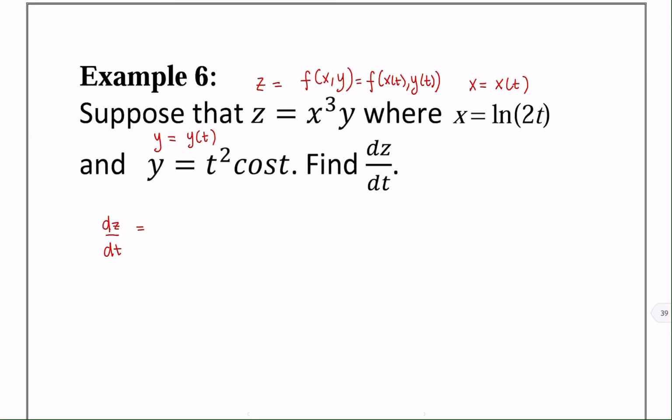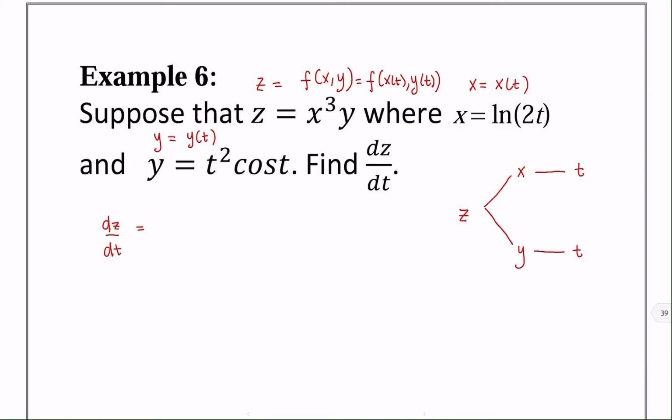So for dz dt, we can use the chain rule and also the theorem. Basically we know that z has the independent variables x and y, and also x is in terms of t, and y in terms of t.